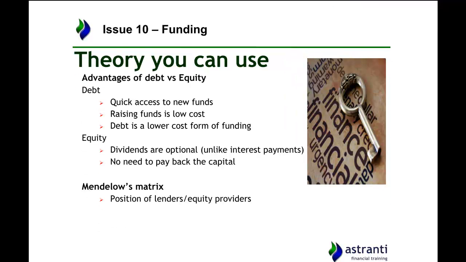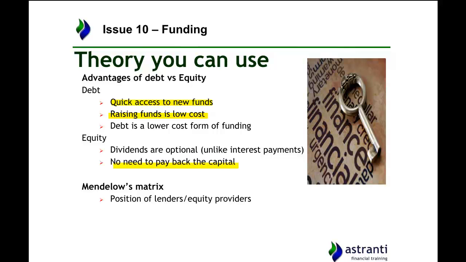And the key theories to use when discussing these various ways of raising finance is to look at the advantages and disadvantages of each. So we know that debt financing is quick. We know it's generally low cost, especially in comparison to equity funding. But at the same time, we do not have to pay the capital back with equity. There's nothing to say that we have to pay dividends.